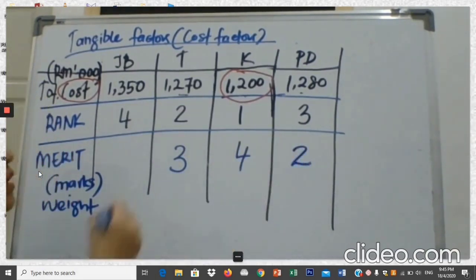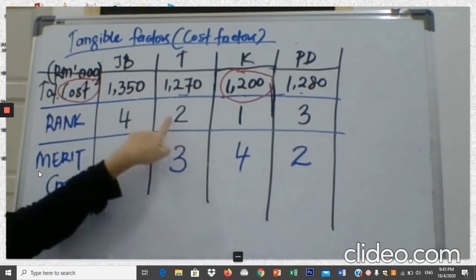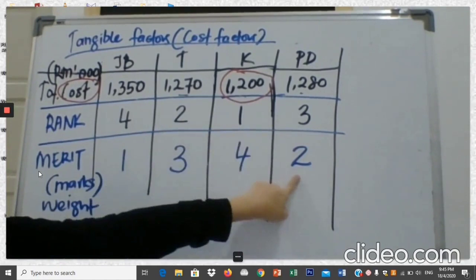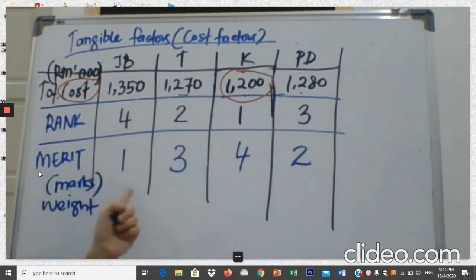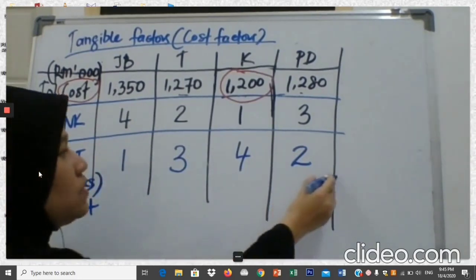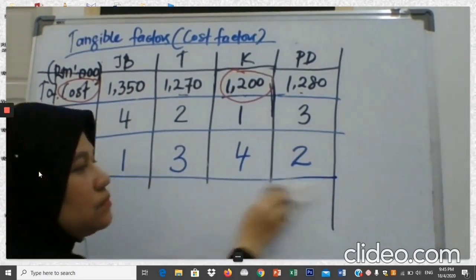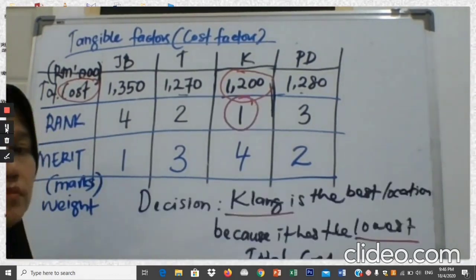Then 2 marks or 2 merit given to the third rank, and 1 mark or 1 merit given to rank number 4. The concept is like in school: the person who gets number 1 has the highest marks, number 2 has slightly lower marks, number 3 lower again, and the one in the last position has the lowest marks. That is how you calculate for the tangible factor.